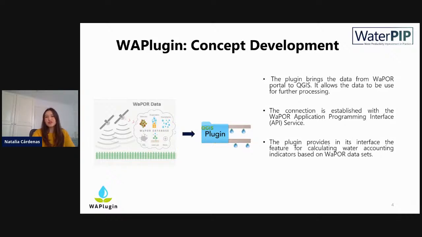Water accounting is a really useful analysis to see how water management is going. The indicators are a really nice way for us to assess these kinds of things. And the indicators will support users by generating outputs, maps, and values for further assessment and evaluation.